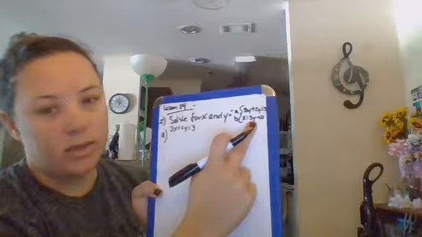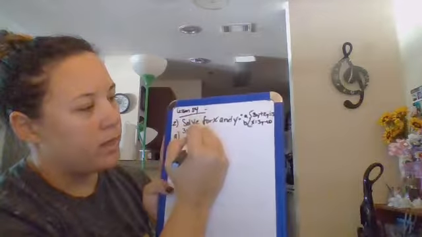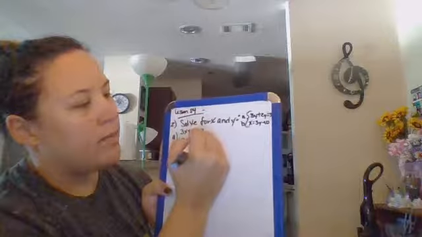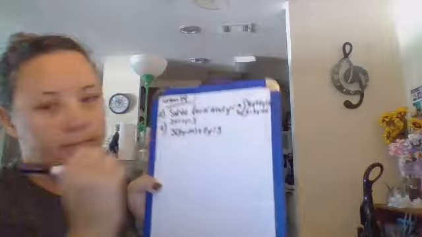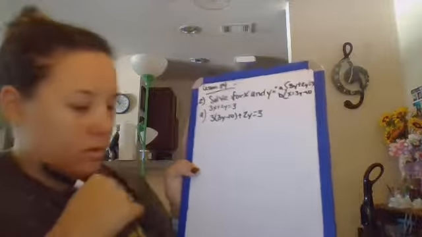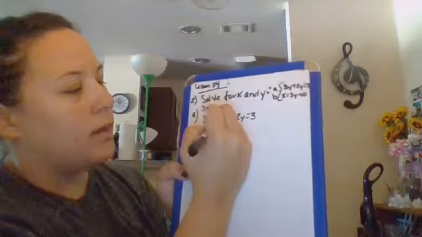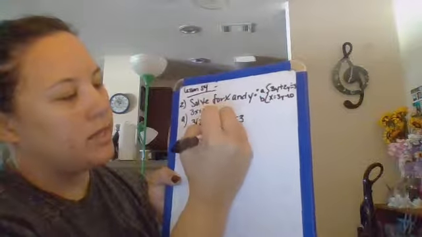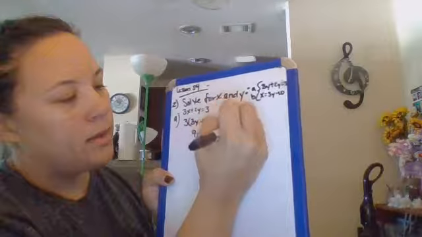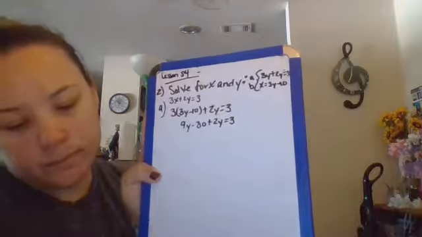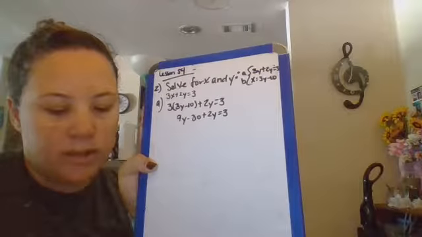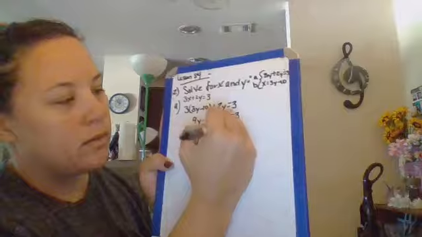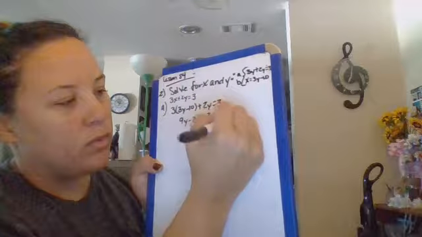And I plug in this equation. So I have 3 times 3y minus 10 plus 2y equals 3. And we're going to get 9y minus 30 plus 2y equals 3. And then my 9y plus 2y is going to give me 11y minus 30 equals 3.